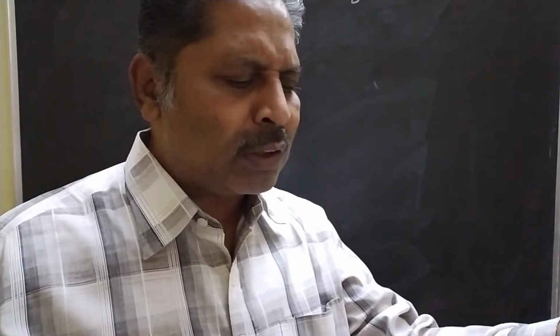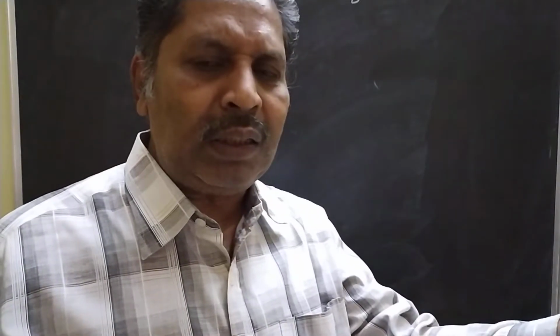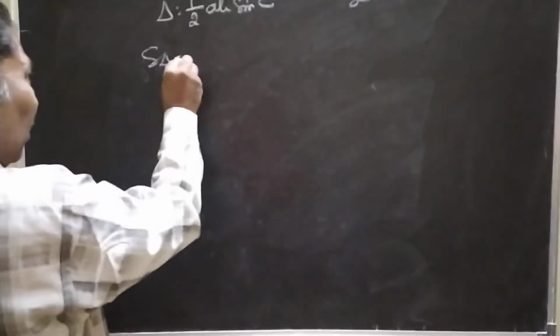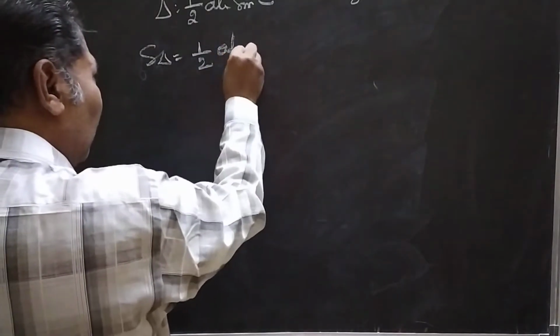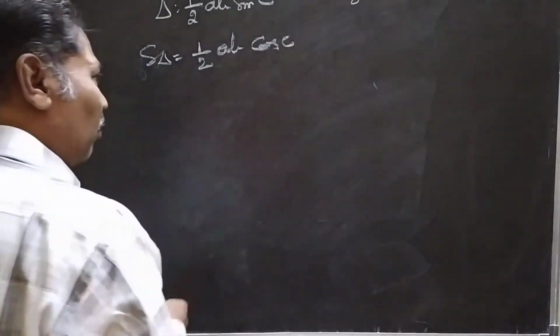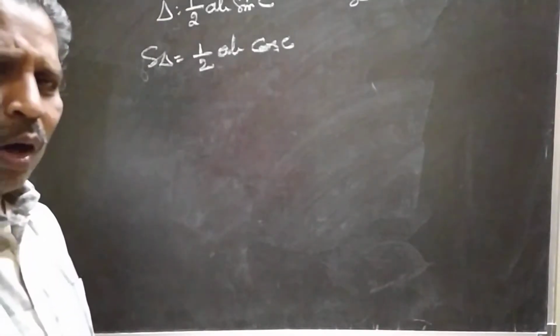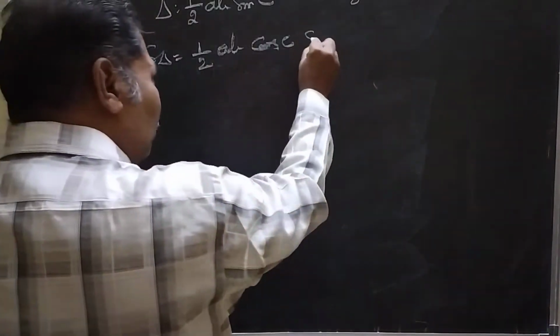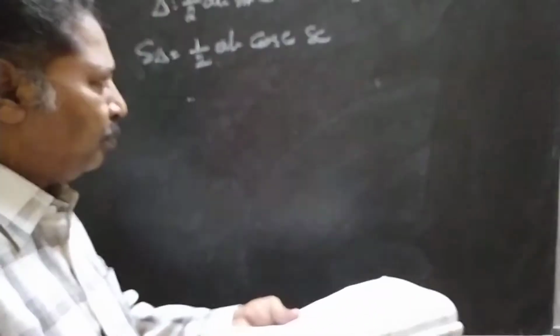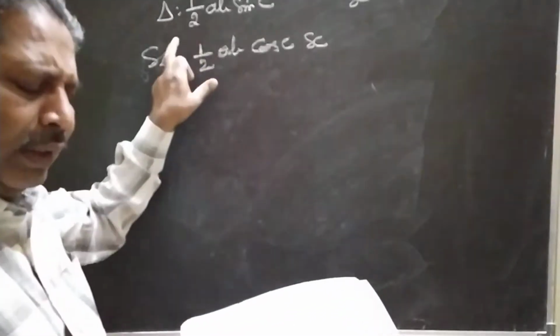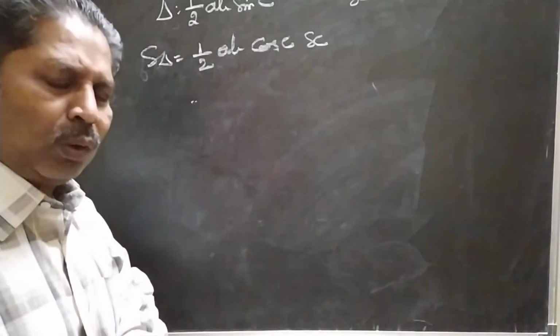Find the approximate error in the area. So approximate error delta equal to AB derivative of sin C, cos C into delta C. So this is the error in the area, approximate error only.